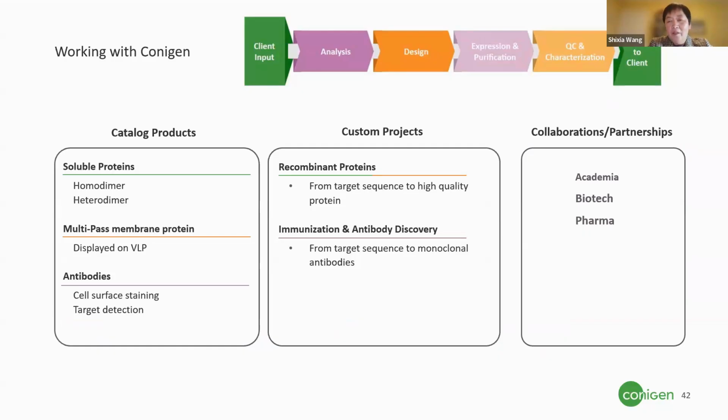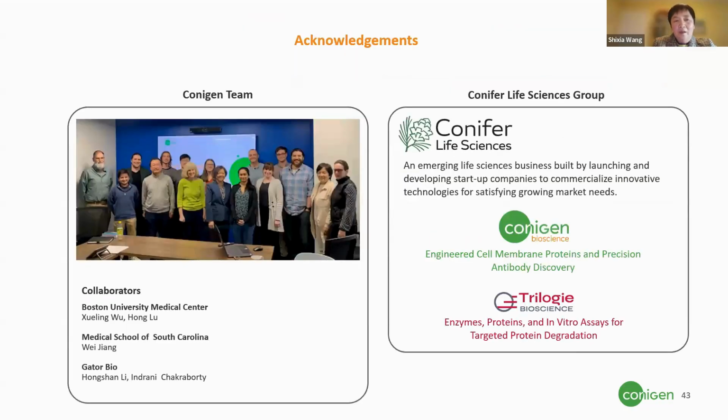For collaboration and partnership, we also can have different mechanisms to work with academia, biotech, and pharma. It's very important to have a great team, very intelligent, skillful scientists, product management, production management at Conigen.